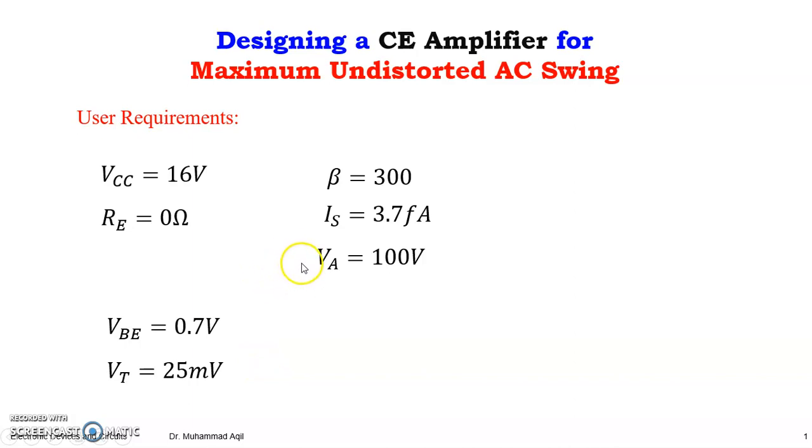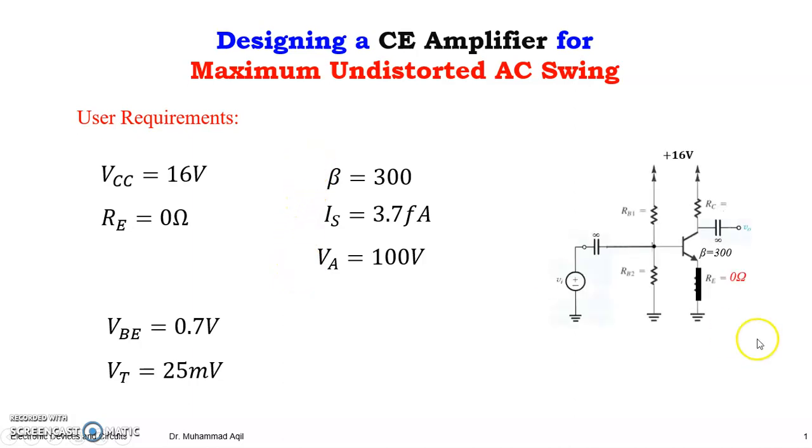So the proposed or the required system would be of this kind, the amplifier. Here you can see we have a short circuit from emitter to ground. Only a wire, no resistance. Transistor having this beta.